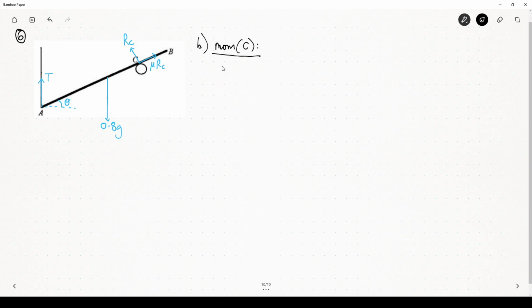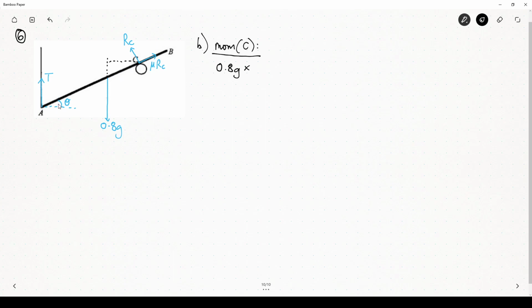So moments about C, we've got 0.8 g, which is the weight, multiplied by the distance from C perpendicular to the weight, which is this distance here. Well, along the plank, that's 2a.